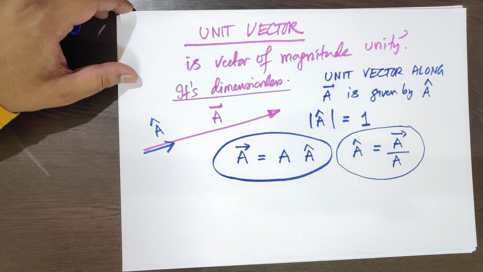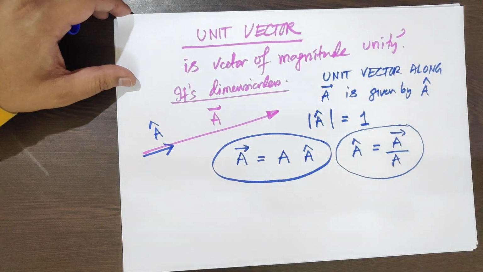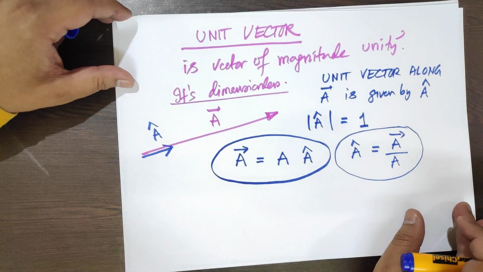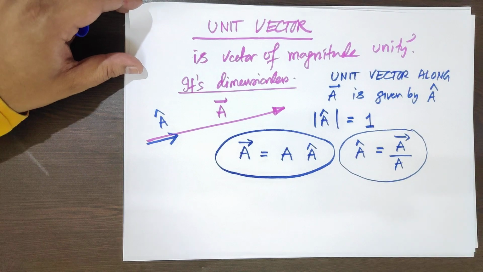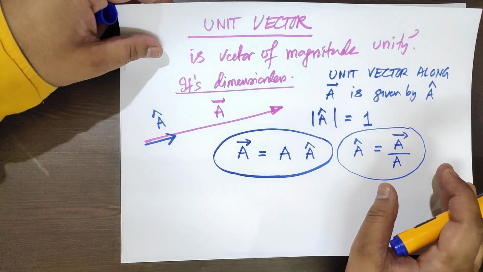Now this unit vector concept and resolution of vectors are very much related. That is why while studying we have to study these two together. It will be clear in a few minutes, I hope.